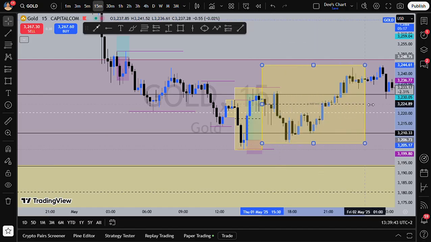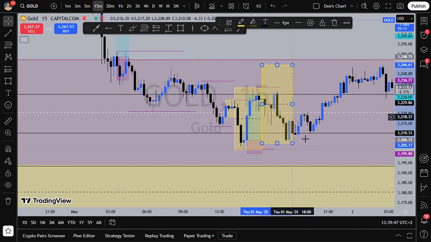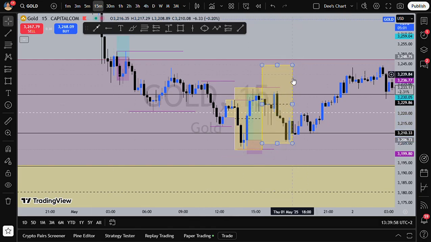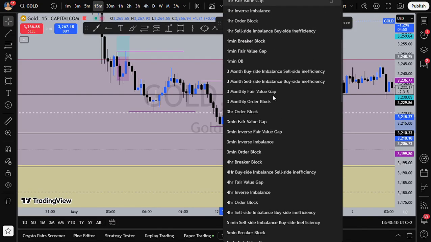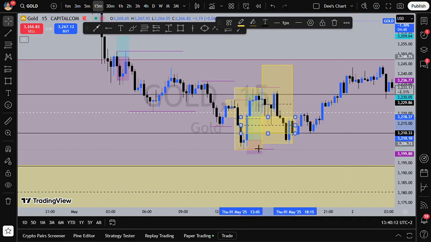So all of this basically, but I'm just going to leave it up here because price swept all of this internal liquidity that was left and created as price was creating bearish price action. So that's AMD that you could have traded off, and inside AMD your POI that you would have entered off of would have been this 15-minute buy side imbalance. So that would have been one entry that you could have used inside there using AMD.